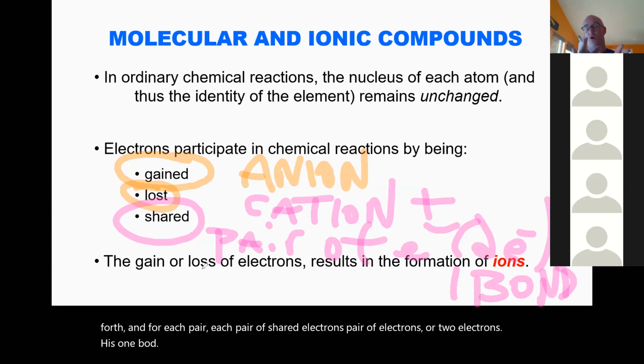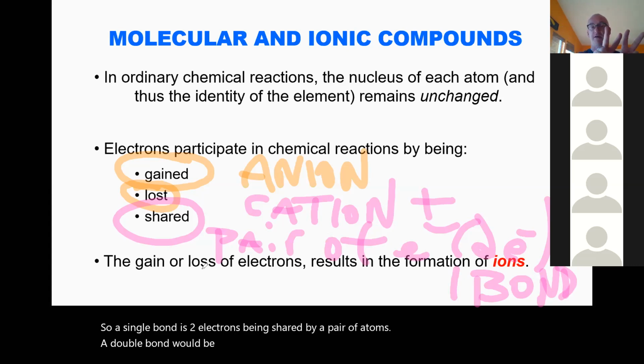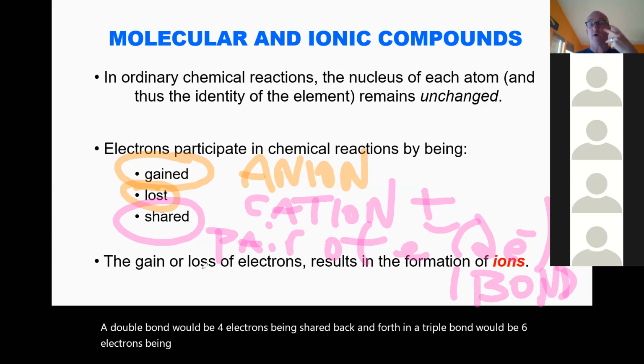So a single bond is two electrons being shared by a pair of atoms. A double bond would be four electrons being shared back and forth, and a triple bond would be six electrons being shared back and forth, each pair being a bond.